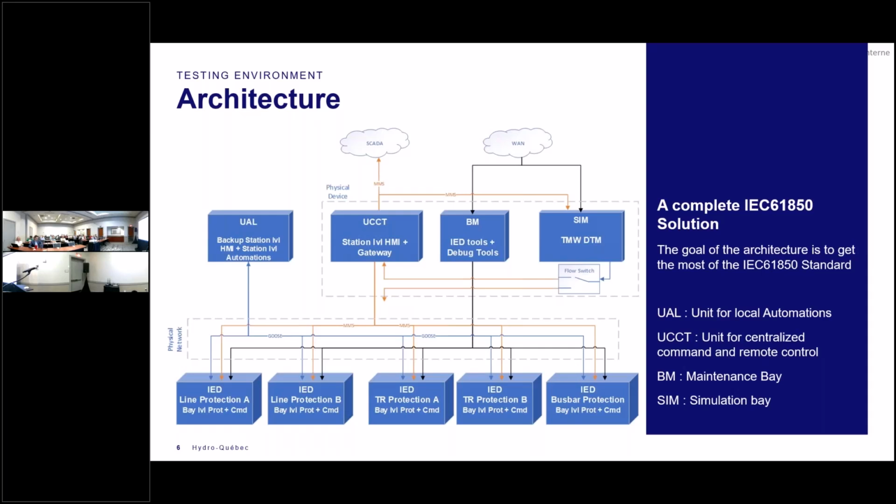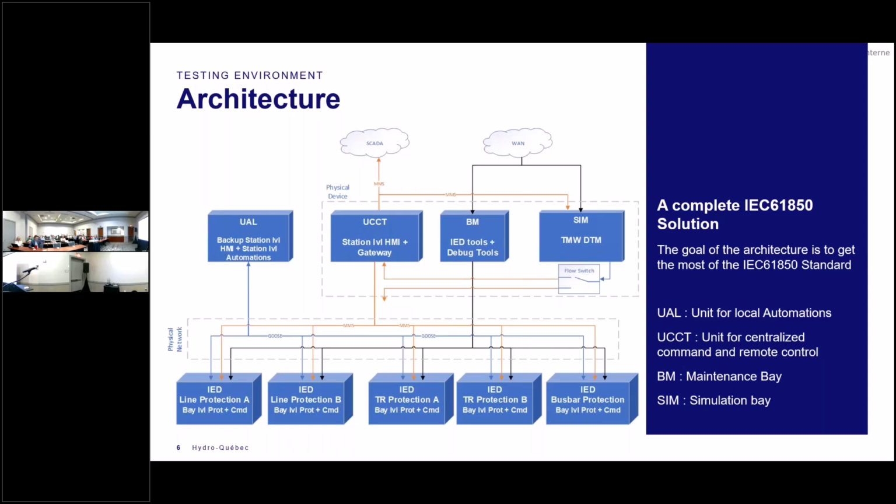So it had really different interactions with all the different IEDs, pretty much only by GOOSE. It had a bunch of exchanges back and forth in order to have the status, take the information and apply the local automations.